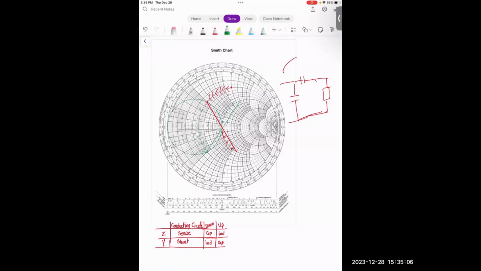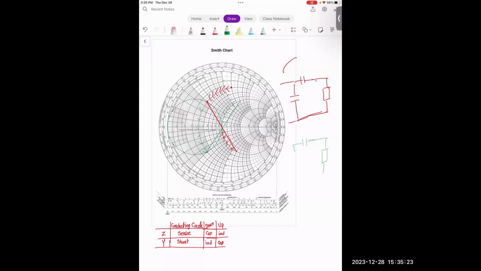Suppose we are in the Z chart, we are going down, it means that this is our load, and the capacitor is in series. Now we are going down.